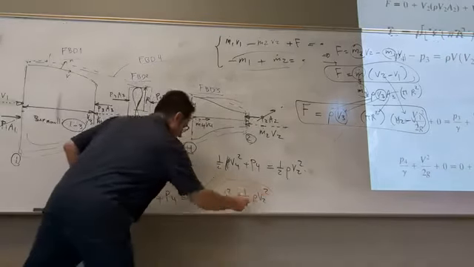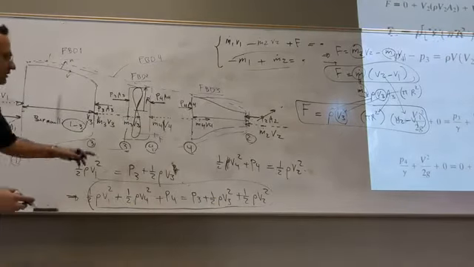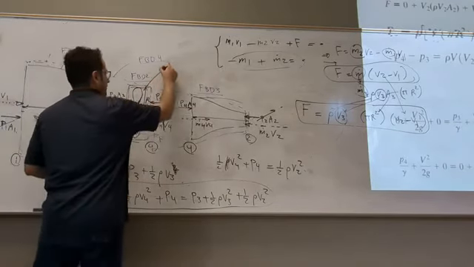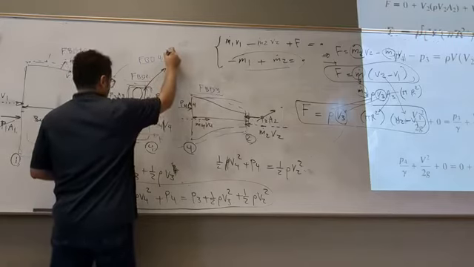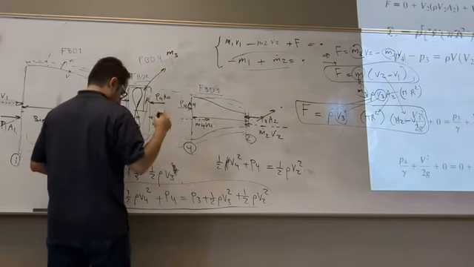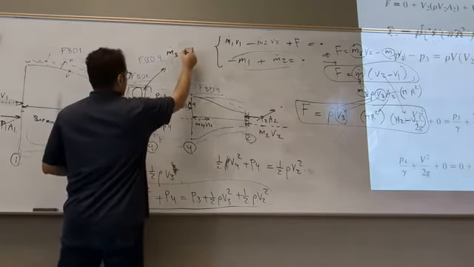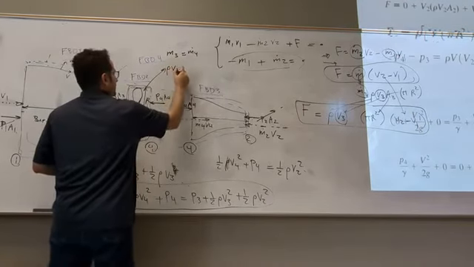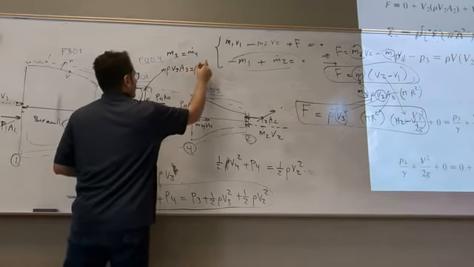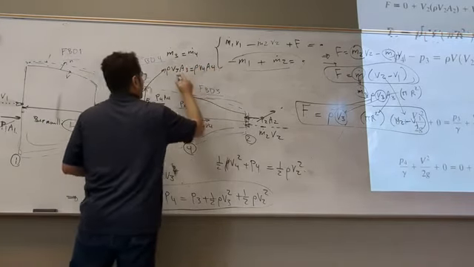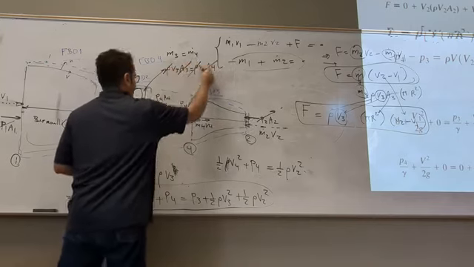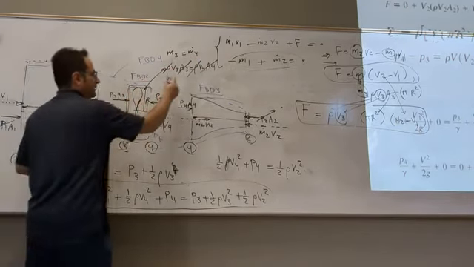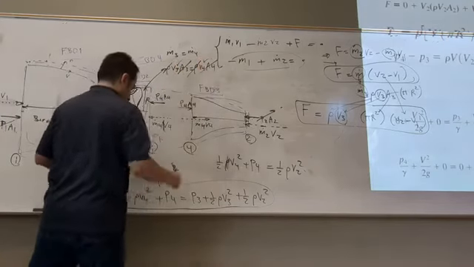But look, now do this. Write continuity for this system. We get m dot 3 is equal to m dot 4, and that means rho V3 A3 is equal to rho V4 A4. The rho cancels out. A3 is equal to A4, it's just the area of the blade. So V3 is equal to V4.